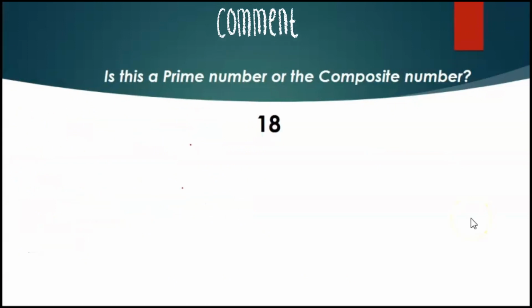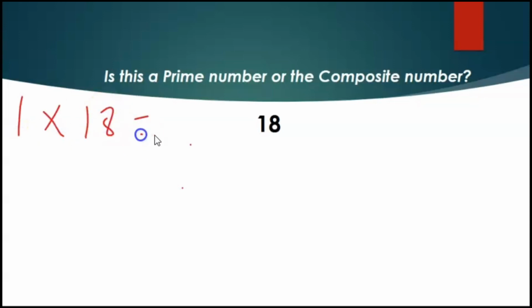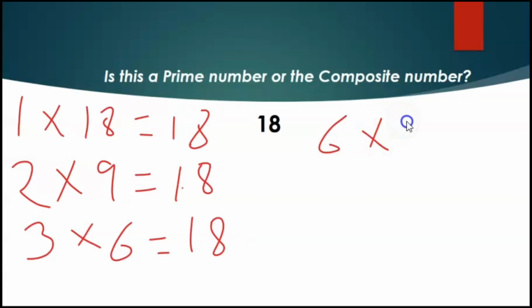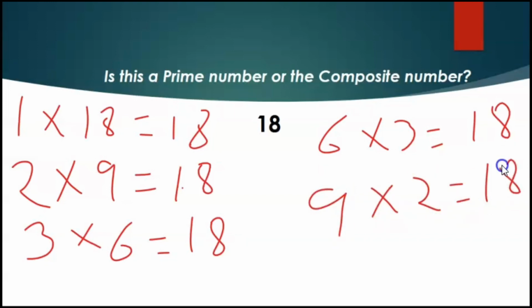Now let's take a look at the number 18. Is it a prime number or a composite number? 18 is a composite number because it has many factors. Let's take a look. 1 times 18 equals 18. 2 times 9 equals 18. 3 times 6 equals 18. 6 times 3 equals 18. 9 times 2 equals 18.